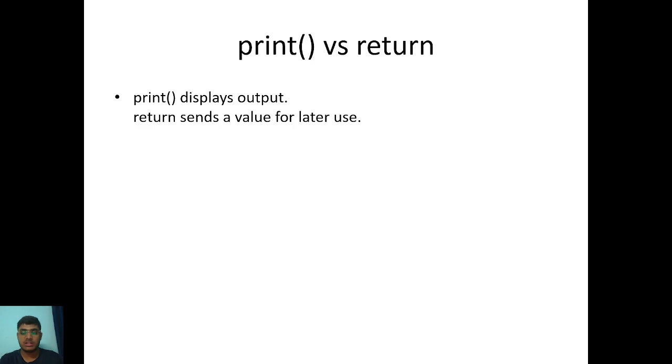A function can return a different type of data, such as number, string, list, or tuple. After a return statement is executed, the remaining code inside the function is not executed. Print shows the result to the user, but return gives the result back to the program so it can be used later.